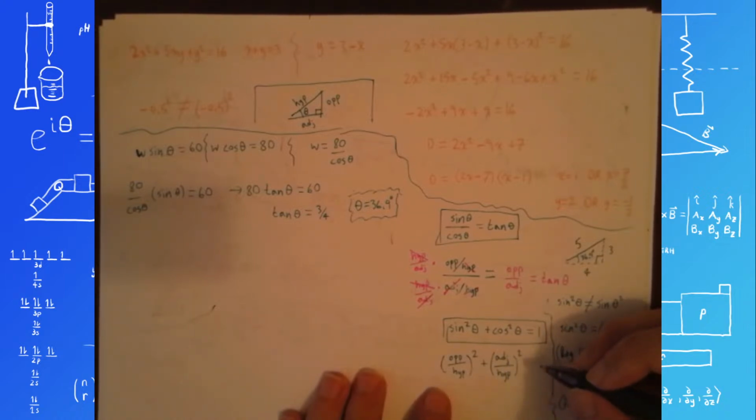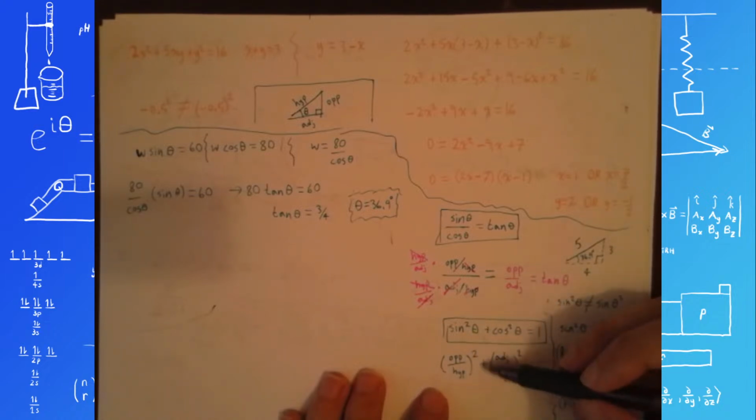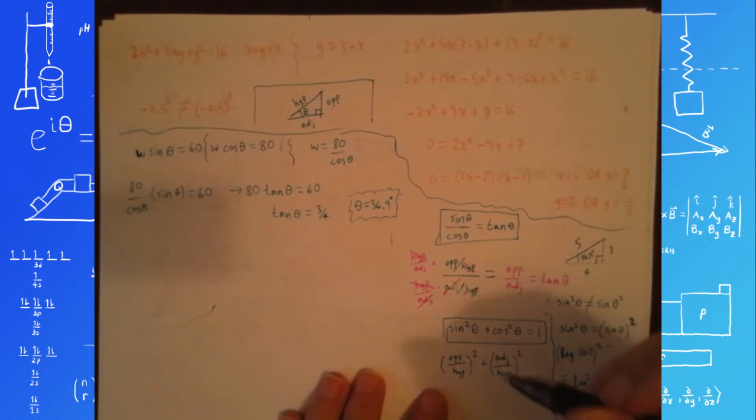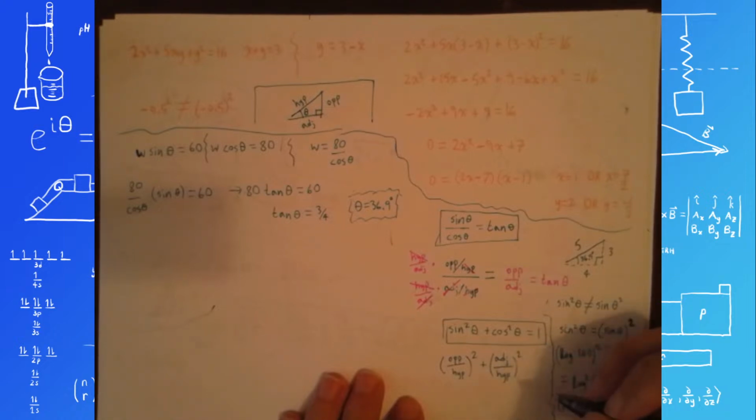If I square the top and bottom, exponents distribute over multiplication and division. They don't distribute over addition and subtraction, but they do distribute over multiplication and division. Then I get opposite squared over hyp squared plus adjacent squared over hyp squared. They have the same denominator, so I can put them together: opposite squared plus adjacent squared all over hypotenuse squared.